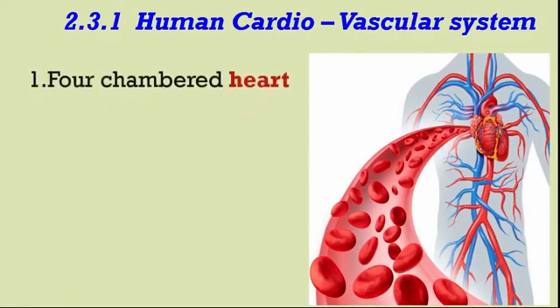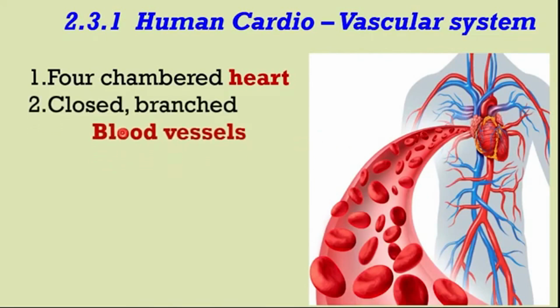The main components of the human cardiovascular system are the four-chambered heart, which is the central pumping organ, the closed branched blood vessels, which are arteries and veins, and the main fluid that circulates in the vascular system, blood.